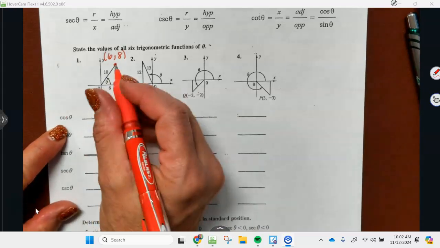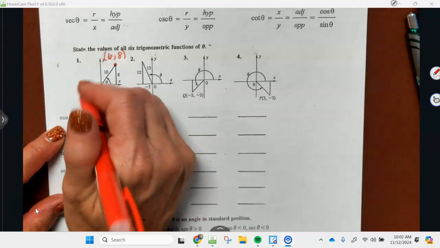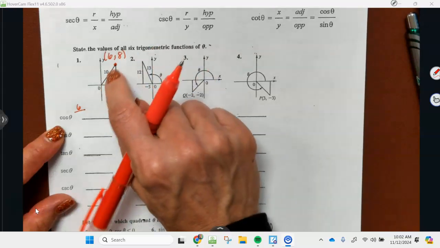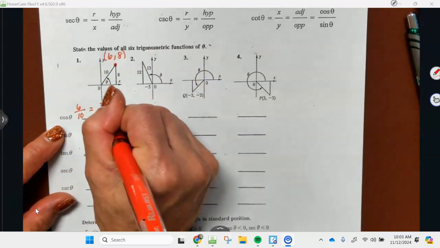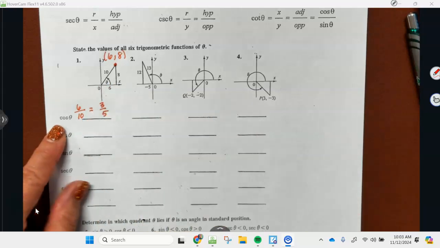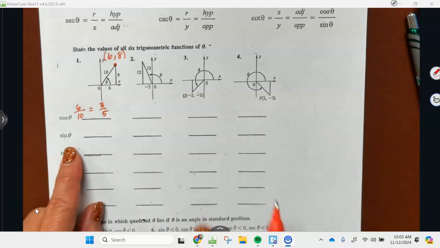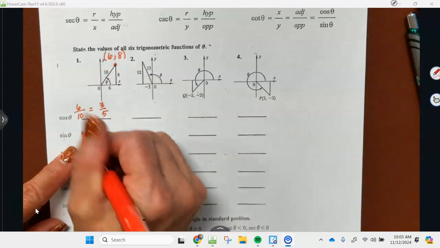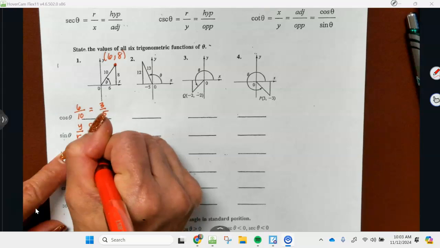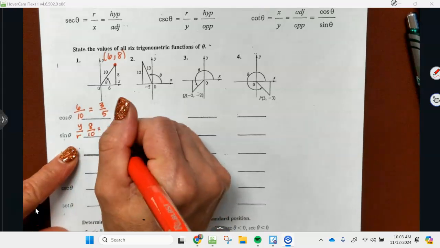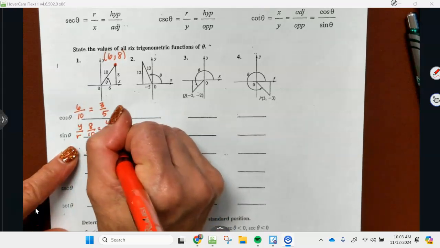So guys, cosine is going to be the x value of 6 over the radius, which is 10, but of course that simplifies to 3 over 5. And then for your sine value, it's going to be the y coordinate of 8 over 10. And of course that simplifies to 4 over 5.